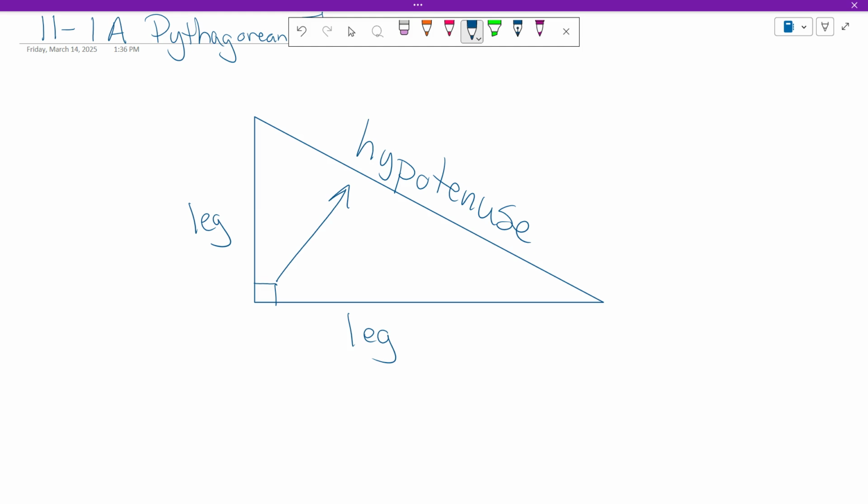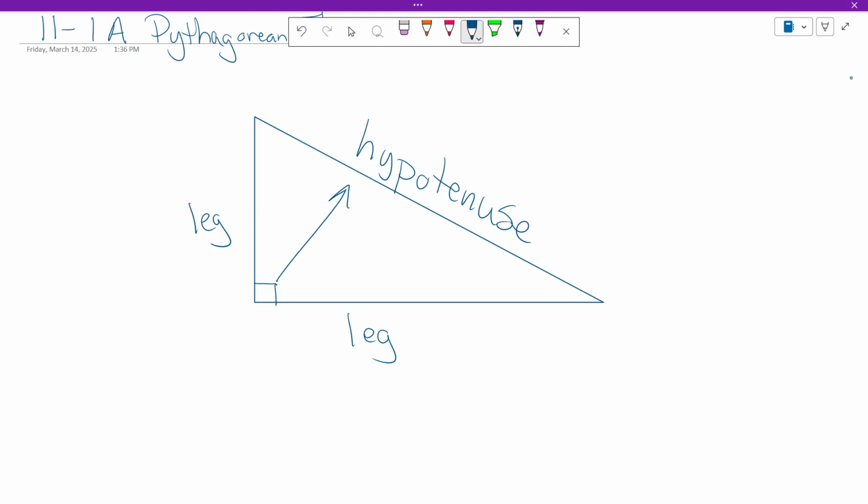So, the Pythagorean theorem says this. The square of the hypotenuse is equal to the sum of the squares of the two legs of a right triangle. And you're going, what you talking about, Mr. Bierschbach?